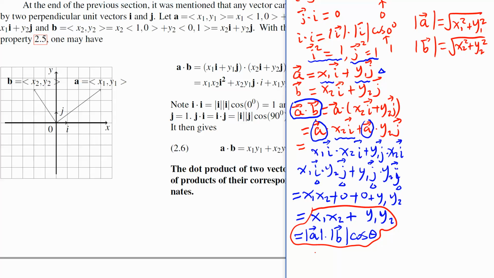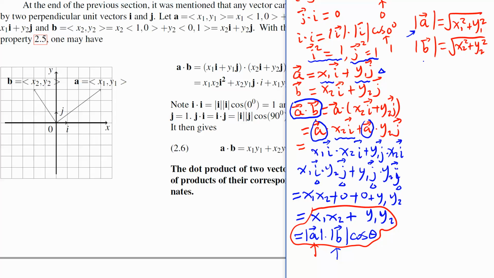So basically, if we are given two vectors, A and B, then we can find out this value, and this value, and this value.